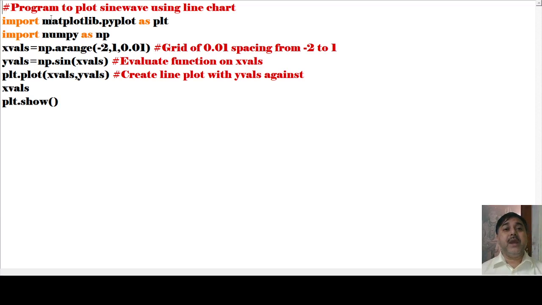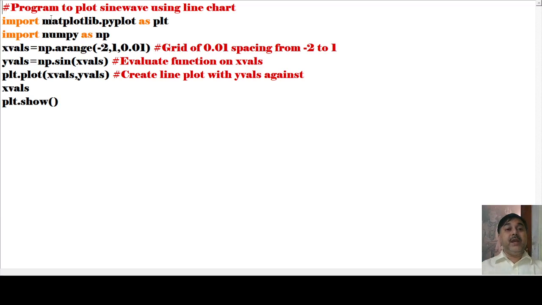Np.arange will arrange the data that has been given: minus 2, then 1, then 0.01. This is a grid of 0.01 spacing, from minus 2 to 1, that is the length of it, and in between that the values have been given.